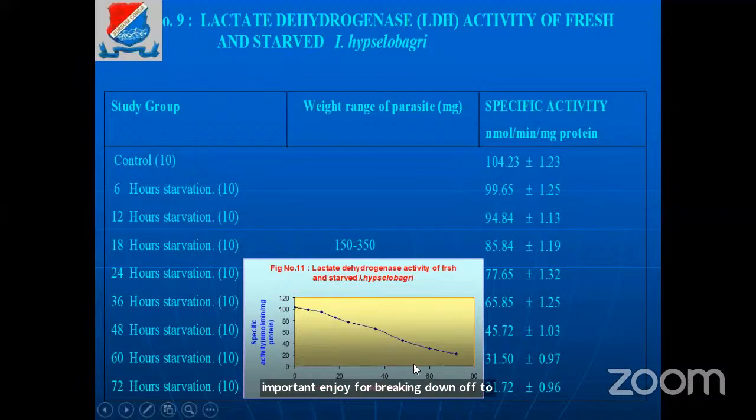But the lactate is not reutilized for the storing of glucose in the case of the parasite, which is what happens in mammals. So lactate acts as an end product in the parasite or trematode.